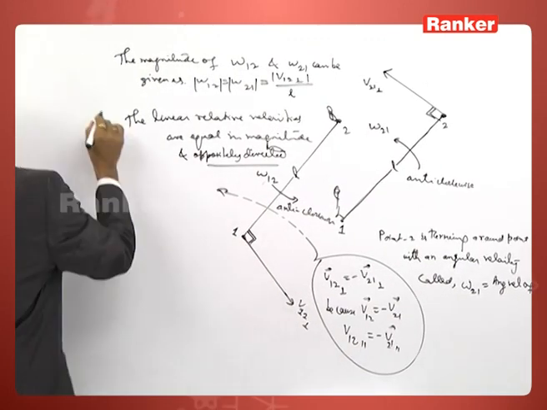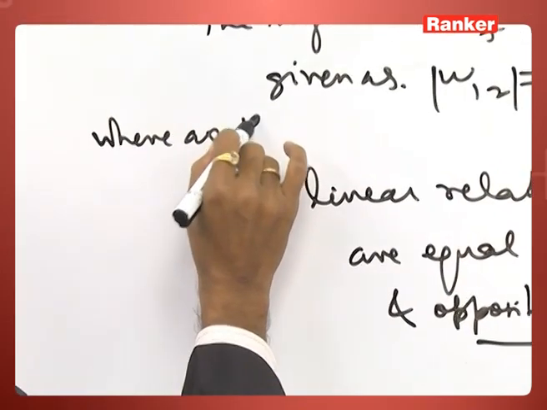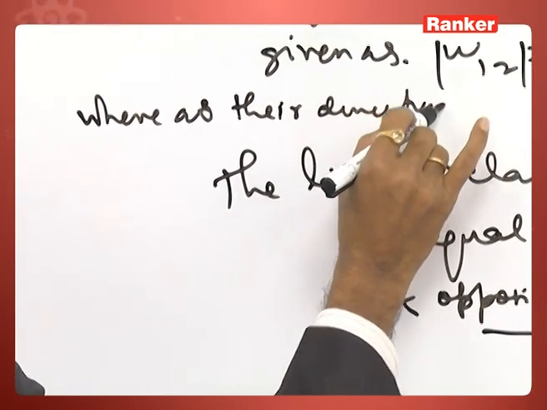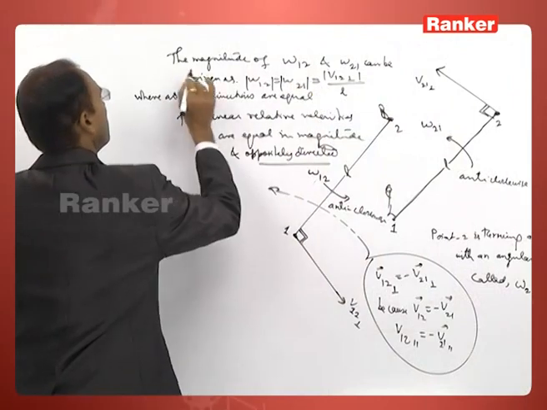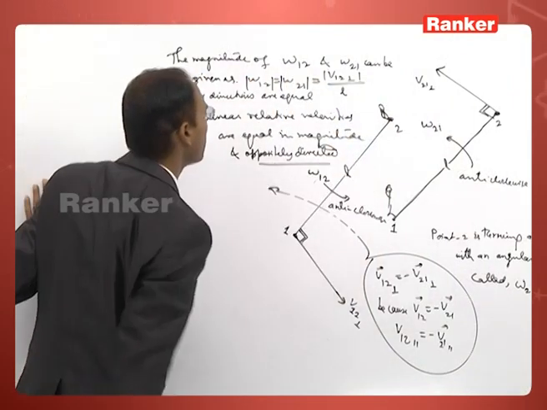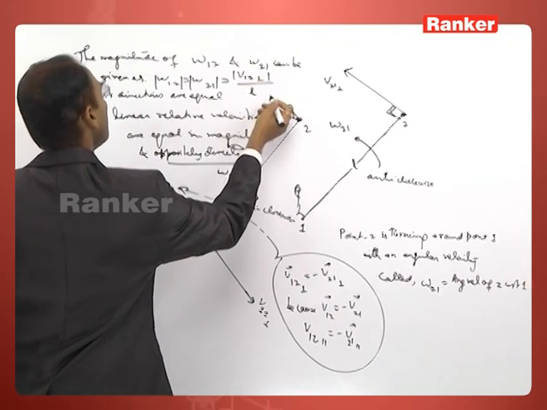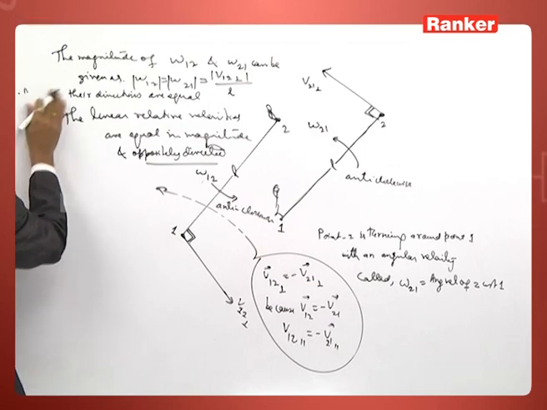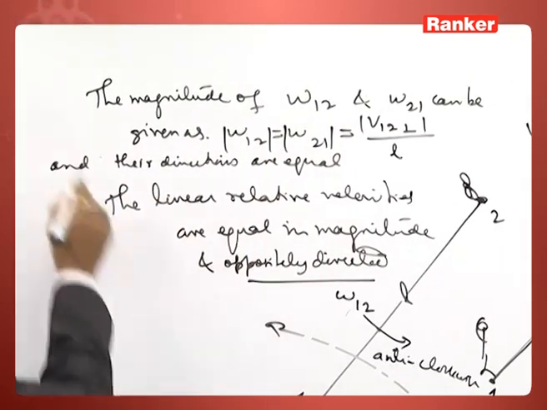That is, v12 or v21 perpendicular by the distance of separation, and the directions are equal.